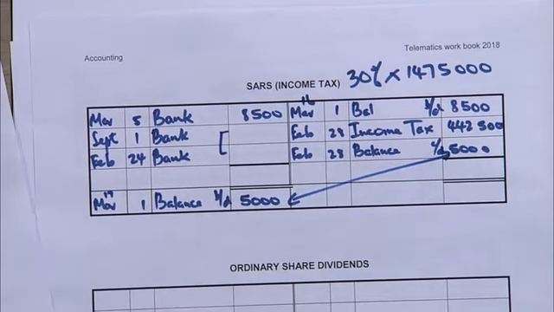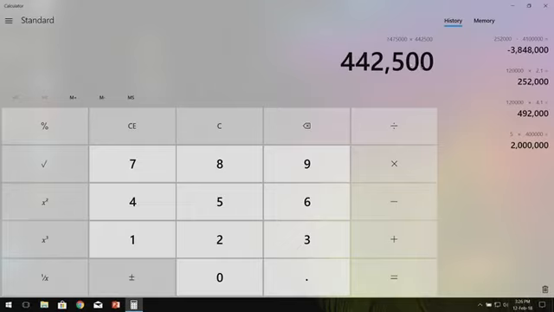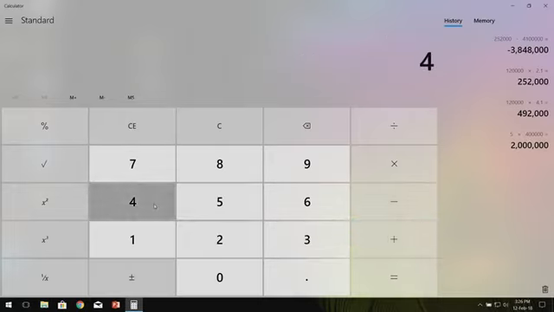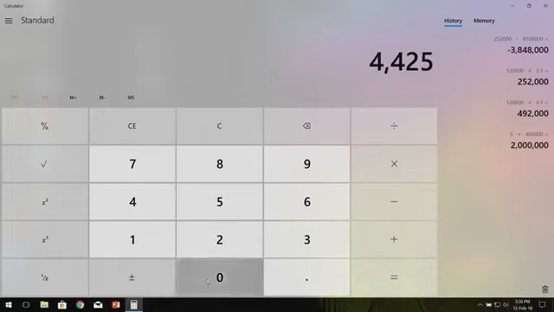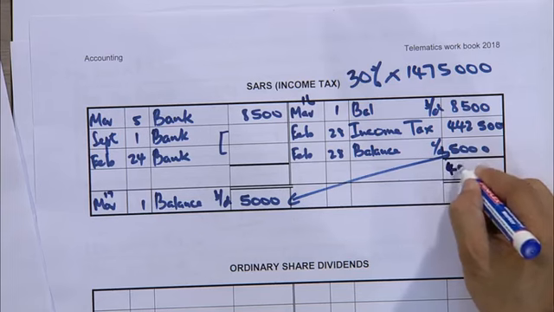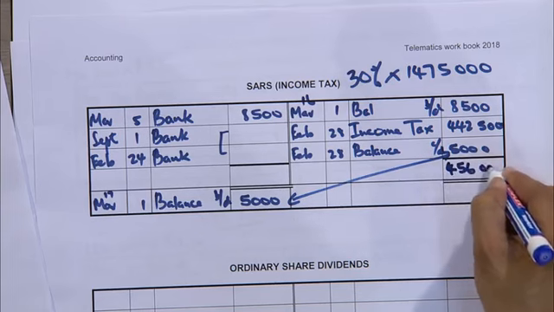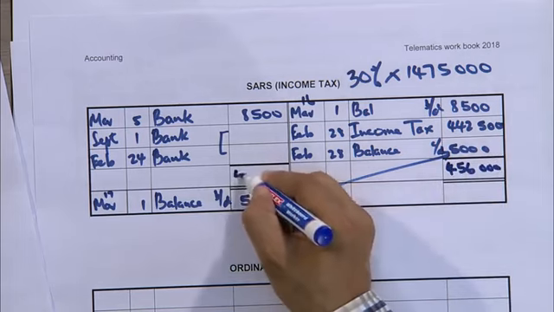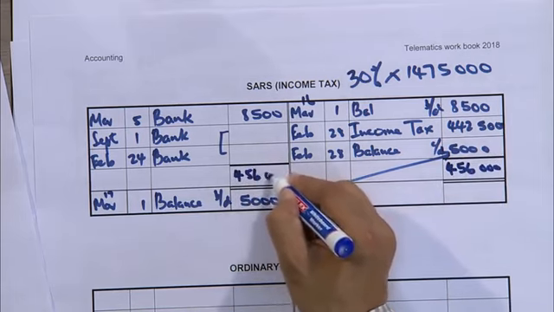So if I take my 442,500 and I plus 5,000, plus 8,500, I get a total of 456,000.